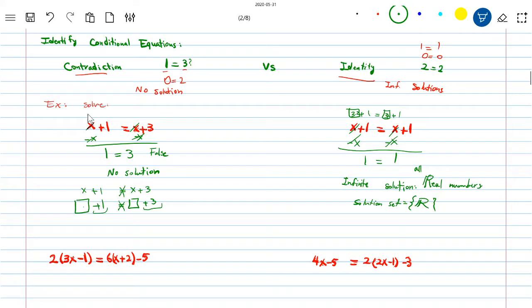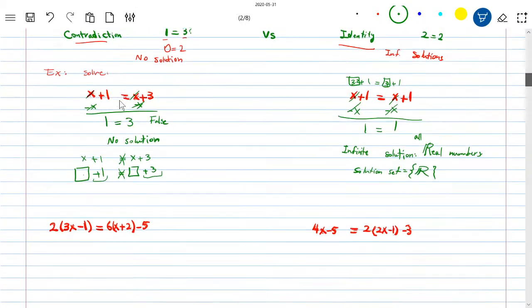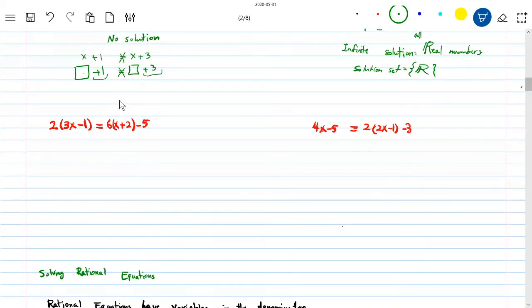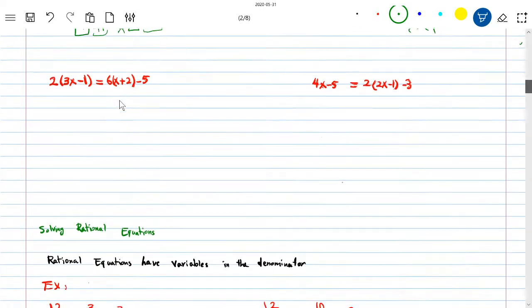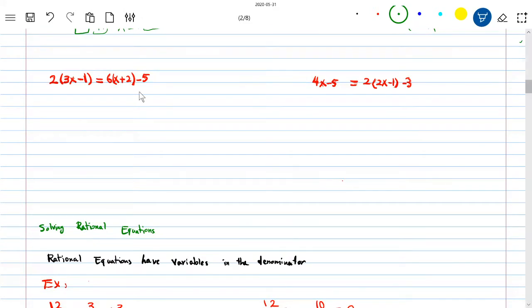You can just say its solution is all real numbers. I can replace any number that I want for x, and it's still true. Again, for linear cases, it's all real numbers. As we go on, functions and equations become more complicated. There are some cases where, even though there are infinite solutions, not all real numbers are the solution. We will discuss that as we go on.